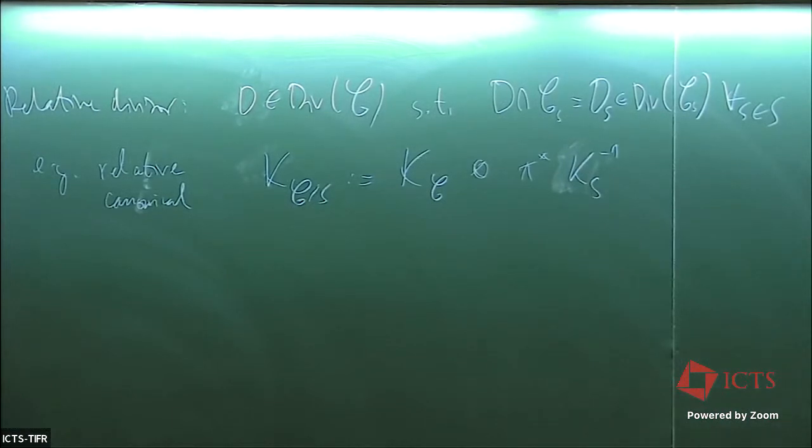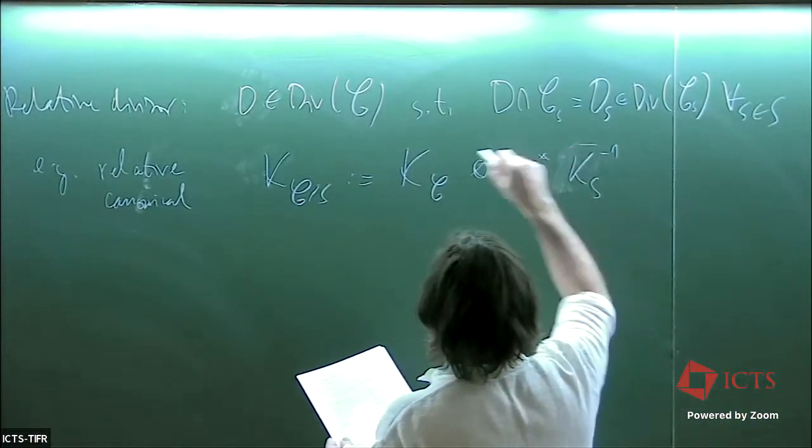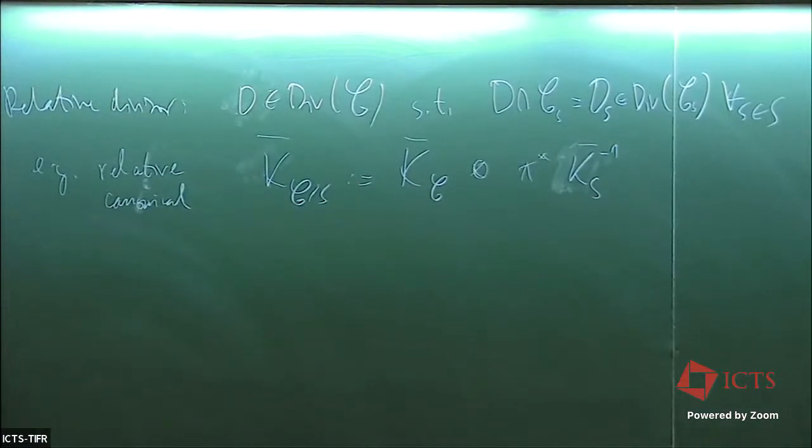Now all of this is in the realm of Arakelov geometry. When you fix a metric structure, I can put bars on everything, and then I can deal with Chern unitary connections, Chern connections, all of that.